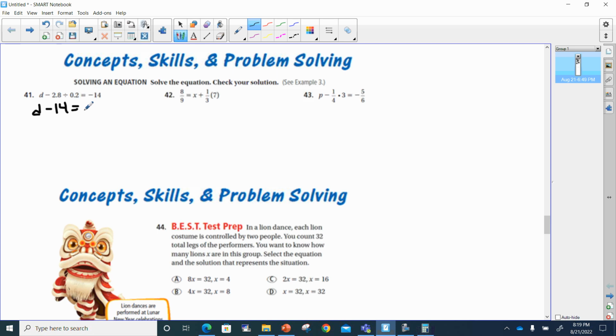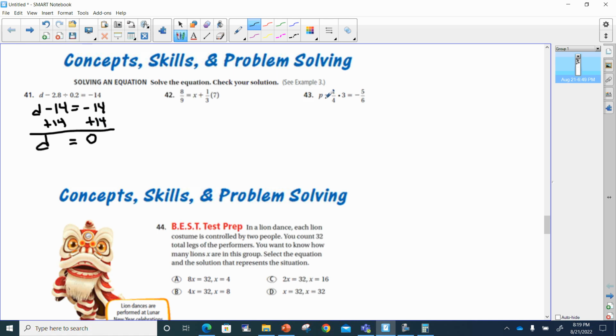That equals negative 14. This is going to be weird. Okay, so what I see here is I'm going to be adding 14 to each side to get D by itself. The equal sign comes down. 14 minus 14 is 0, so D has to equal 0.